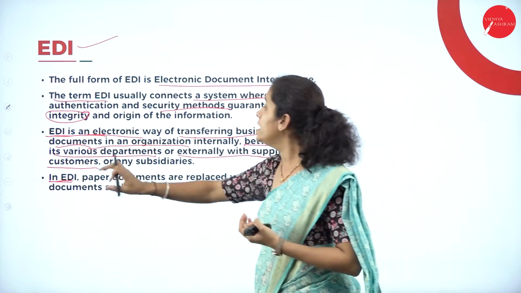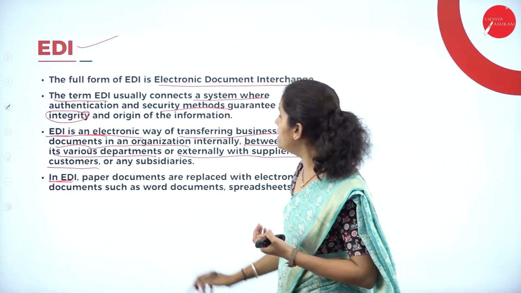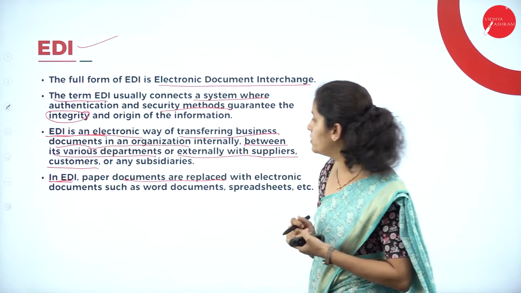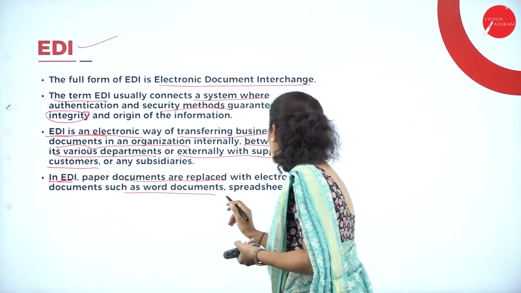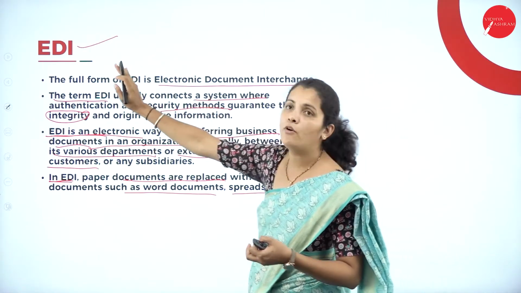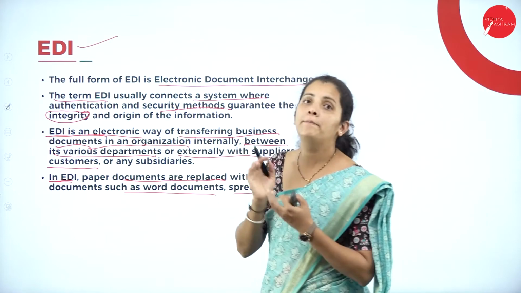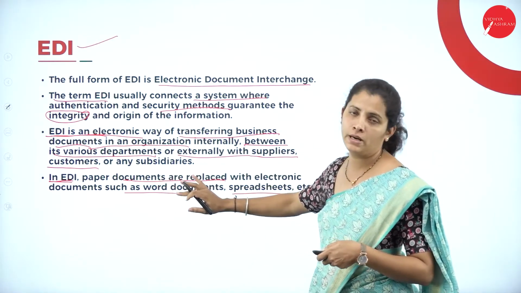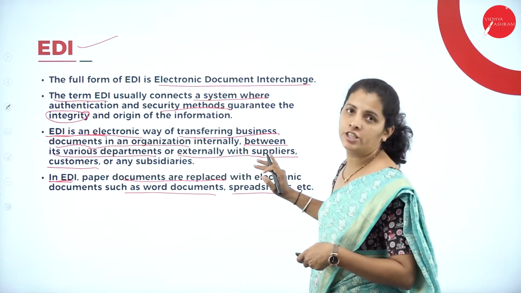So in EDI, paper documents are replaced with electronic documents such as Word documents, spreadsheets, etc. That means with the help of EDI, paper documents are replaced in the form of Word documents and spreadsheets.